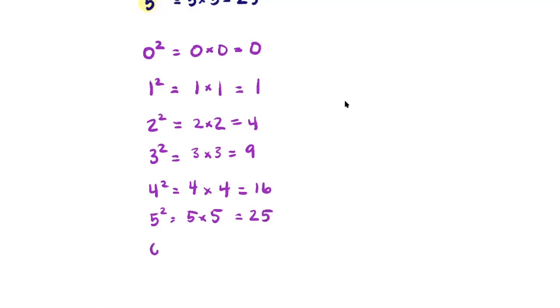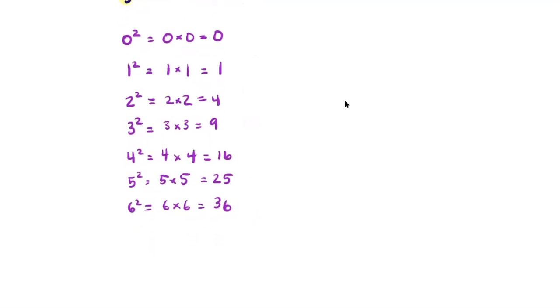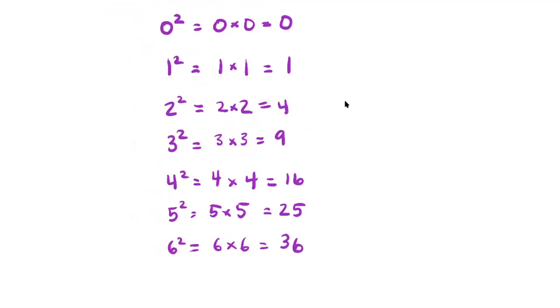And then finally, let's do one last one. 6 squared, what is that equal to? That's 6 times 6, which is 36. So these are some basic things we should try to look at. Squaring a number is not hard at all. It's just multiplying that same number by itself.